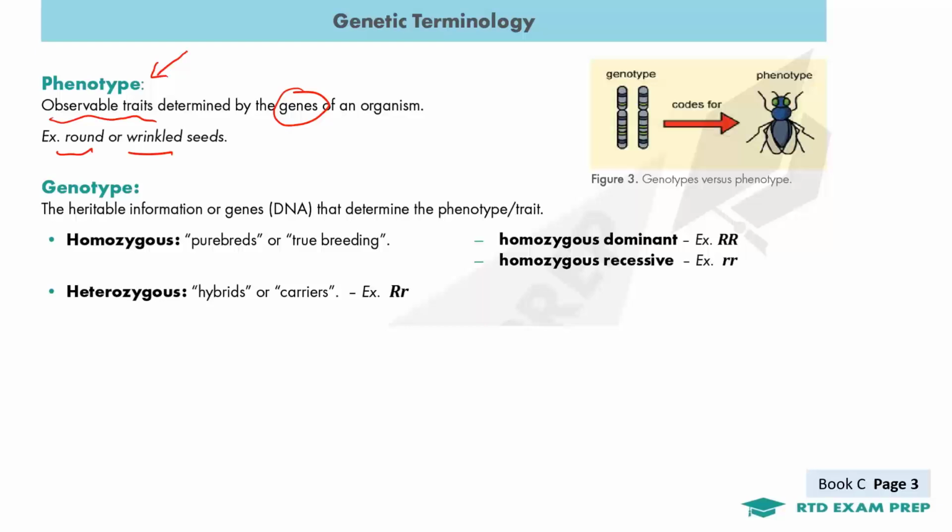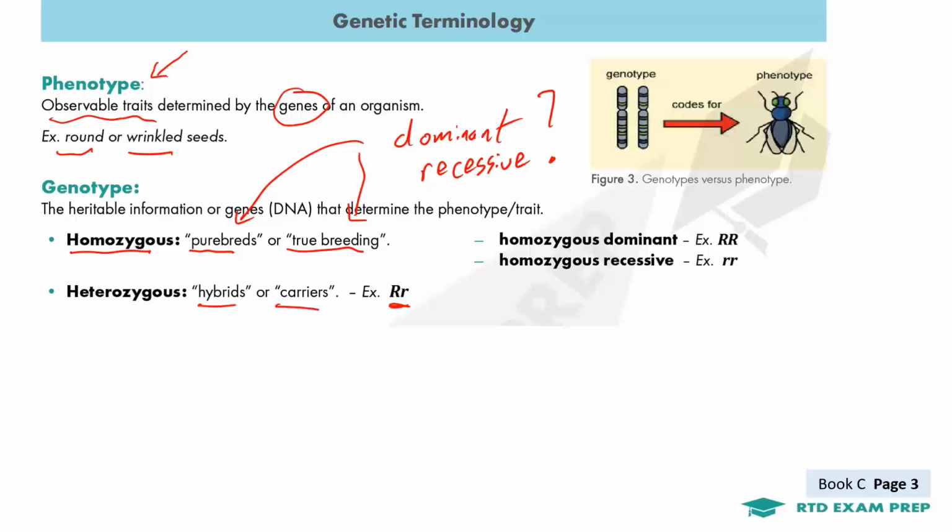We need to understand homozygous can be also called a purebred or a true breeder. Alberta Learning really likes this term, purebred or true breeding, because we don't know if it's homozygous dominant or homozygous recessive.